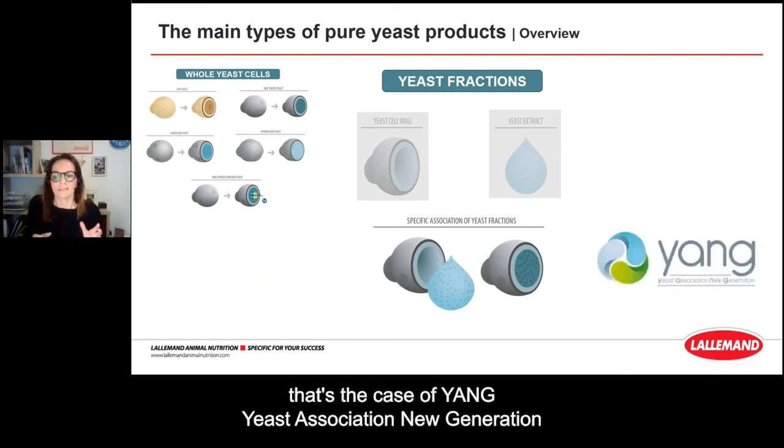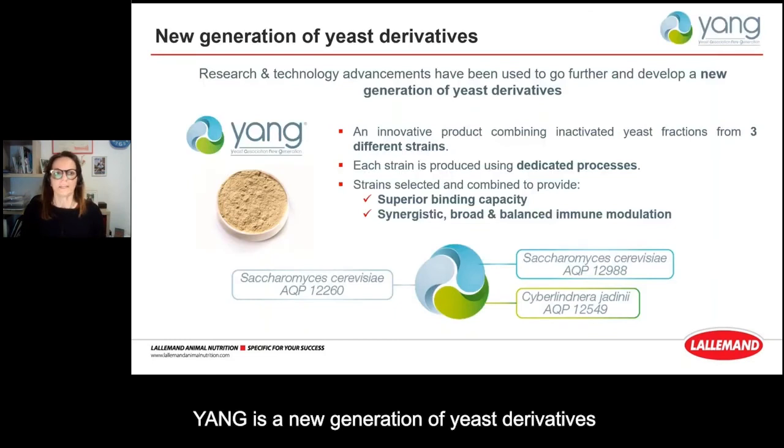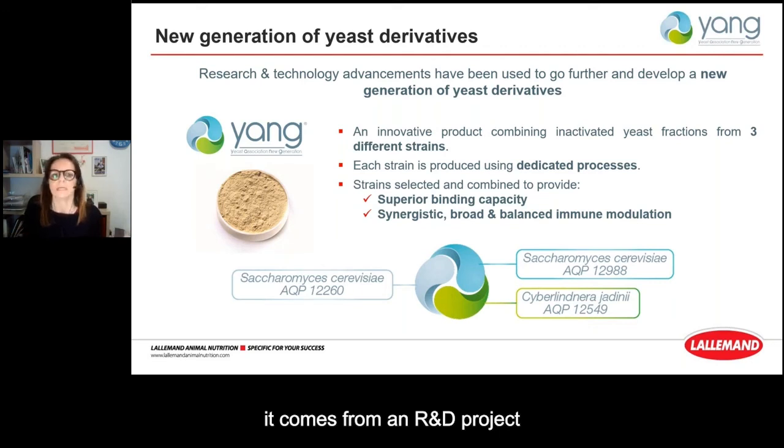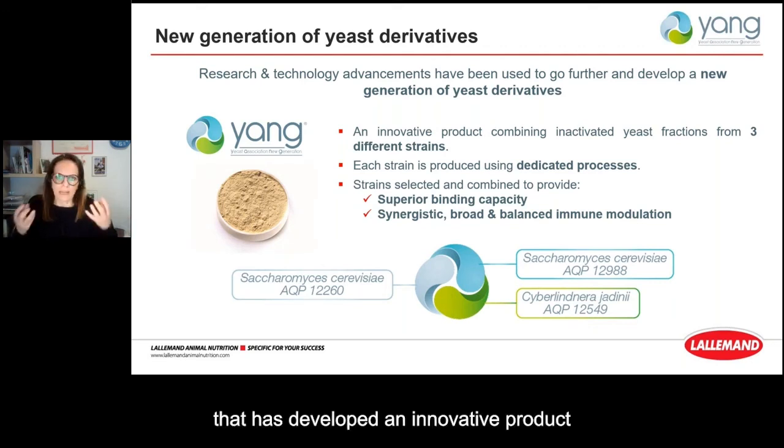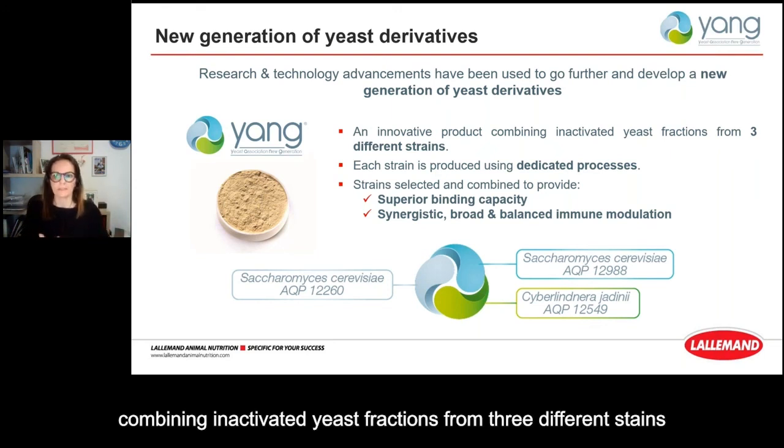That's the case of Young Yeast Association New Generation. Young is a new generation of yeast derivatives. It comes from an R&D project that has developed an innovative product combining inactivated yeast fractions from 3 different strains.